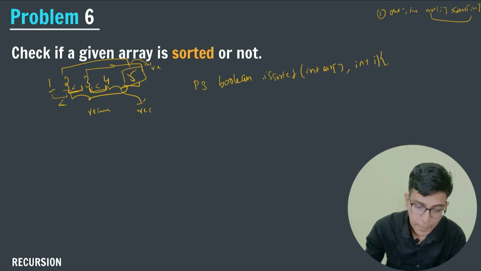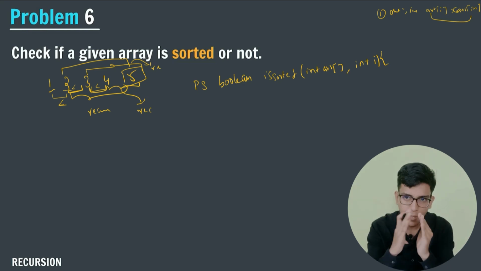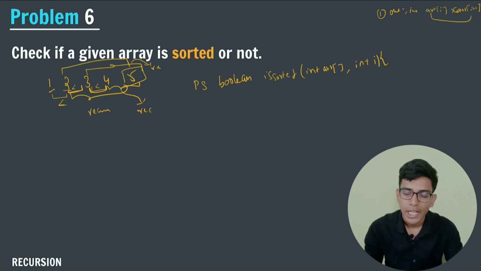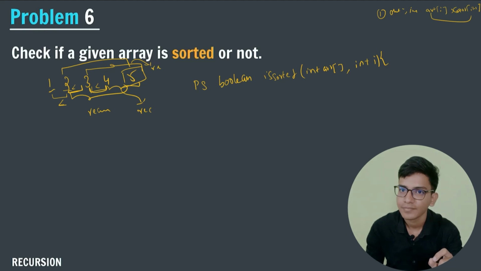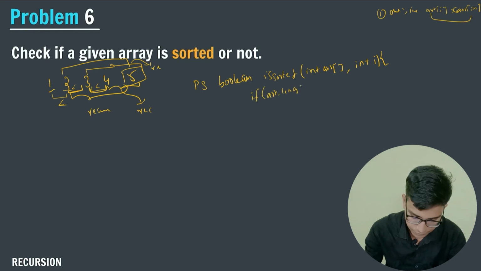Here the base case is, if I complete all my iterations for the complete array, if I get to apply all my recursive calls for the whole array, it means that the given array is sorted. So if arr dot length is equal to I, if I get this condition, then I will return true.